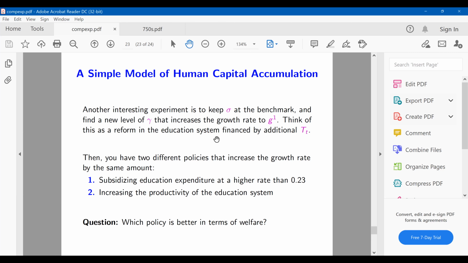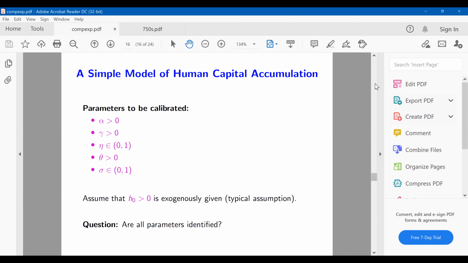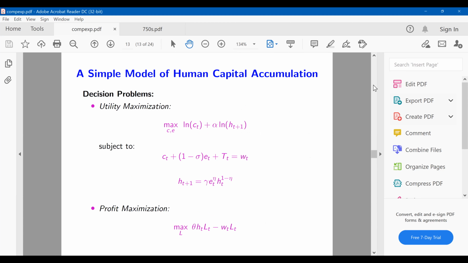Suppose that we use this tax revenue to reform the education system. That type of reform would be imagined to increase gamma. Remember what gamma is. Gamma is the overall productivity of the education technology right here.